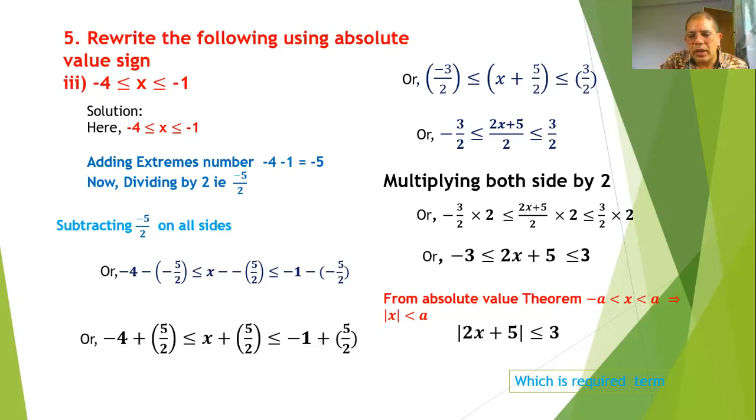It is your required answer. So this is simple, and don't forget your process. You can find out you are right if you got the same number on the left hand side and right hand side. You got minus 3 and plus 3. So you got exactly the right answer. So you can understand this way.